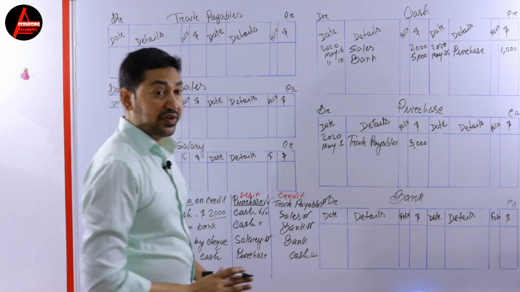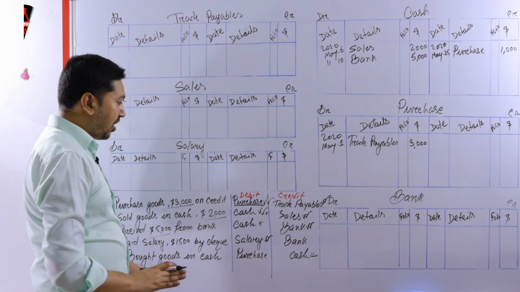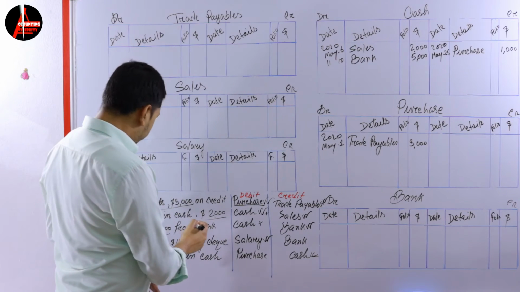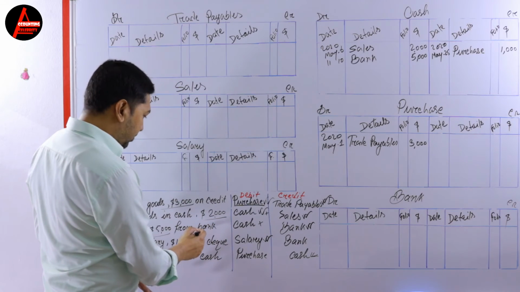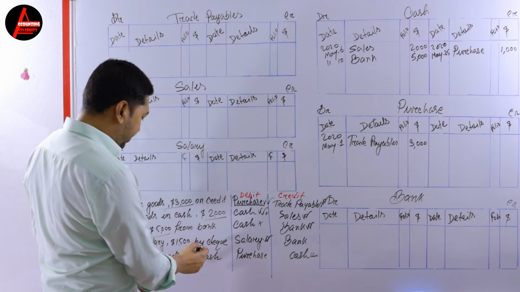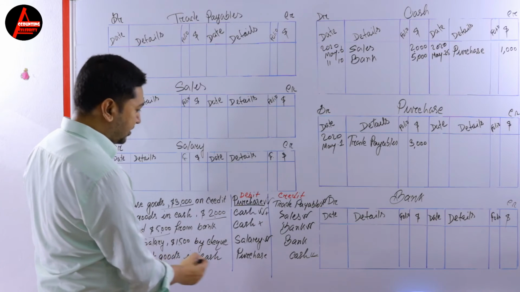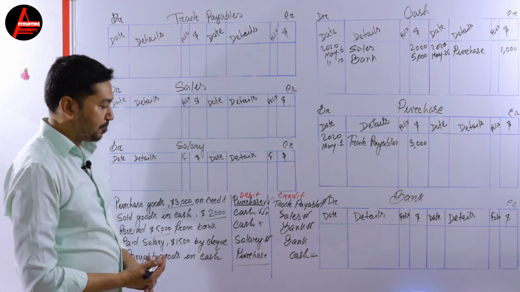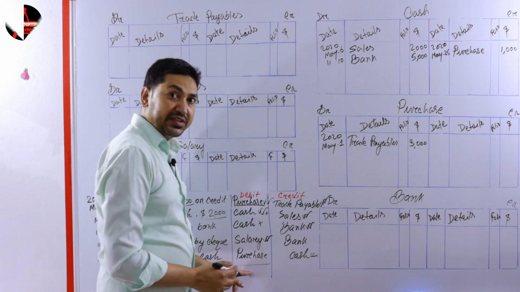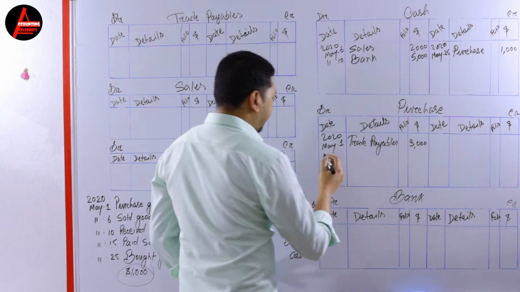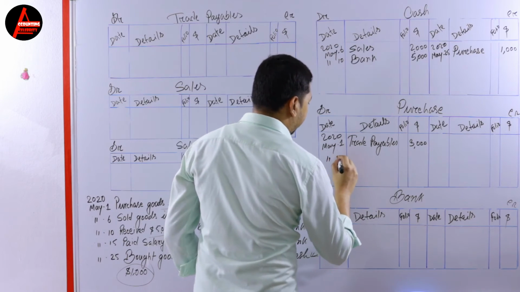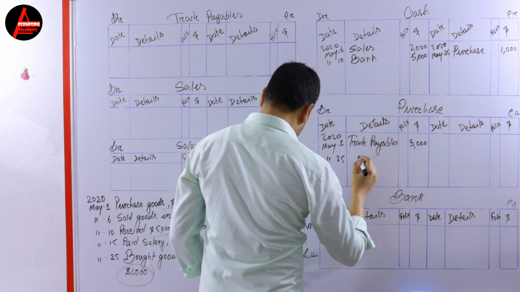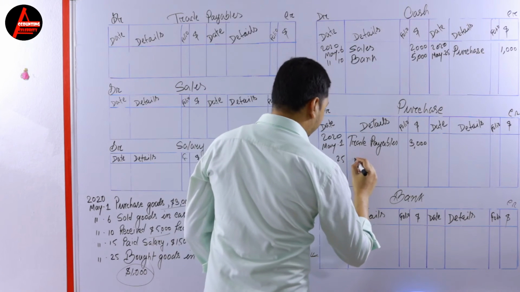Finished. Any more purchase you have? May 6, no. May 10, no purchase. May 15, no purchase. May 25, yes. On May 25 you have purchased once again. So here also purchase is debited, so come to the debit side. Right here, May 25. Here the opposite account is cash.